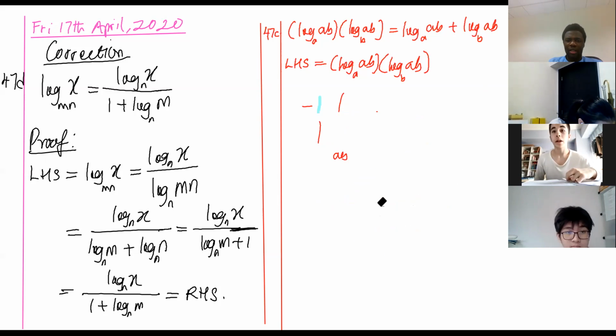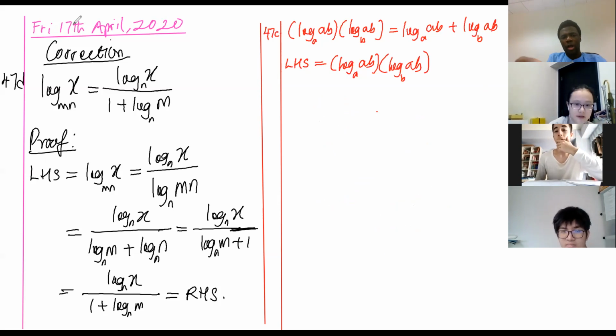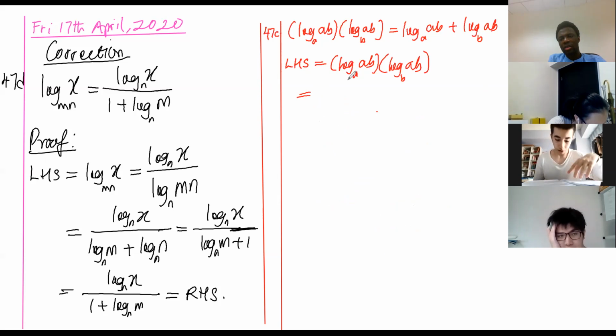Then I can do the reverse way, which is 1 is equal to log AB at the beginning. 1 is equal to what? It's like I can do the reverse, based on what I said just now, and then 1 is equal to 1 over log A base AB times log B base AB.